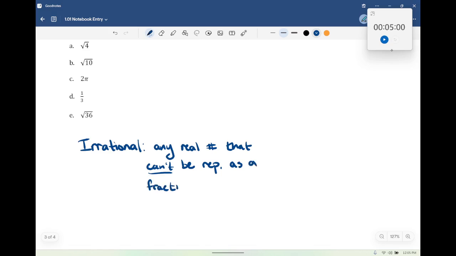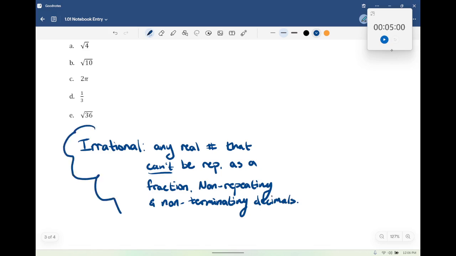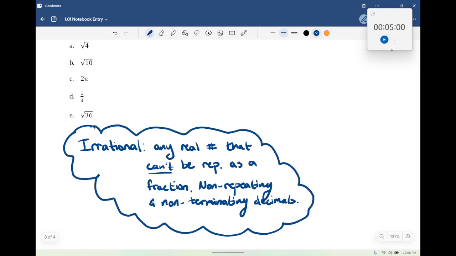And so these are non-repeating and non-terminating decimals. Any real number that can't be represented as a fraction, non-repeating, and non-terminating decimals.